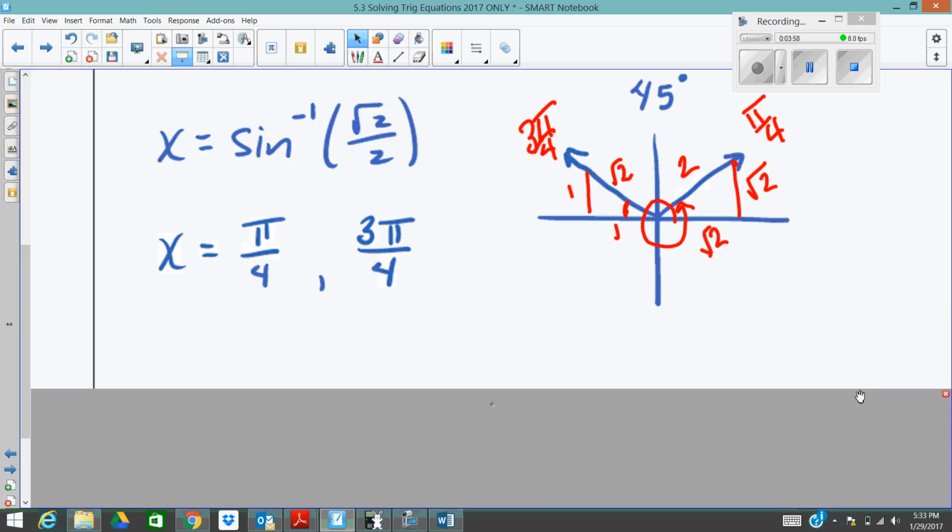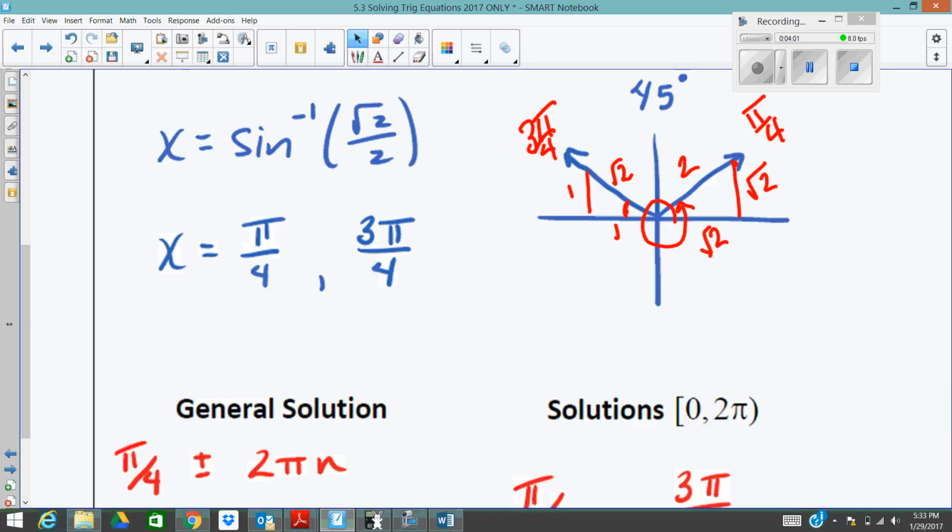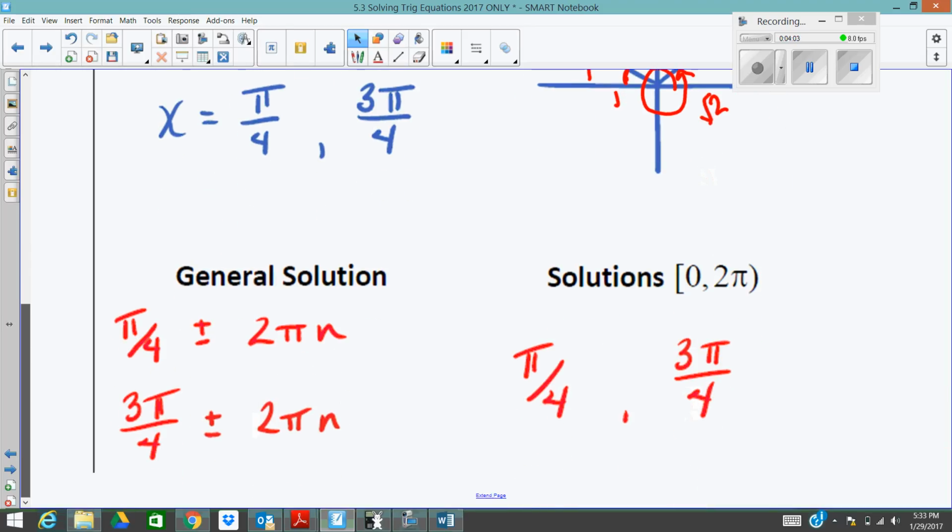So our general solutions are going to be pi over 4 plus or minus 2 pi n, and 3 pi over 4 plus or minus 2 pi n. And then our two specific solutions between this given domain are pi over 4 and 3 pi over 4.